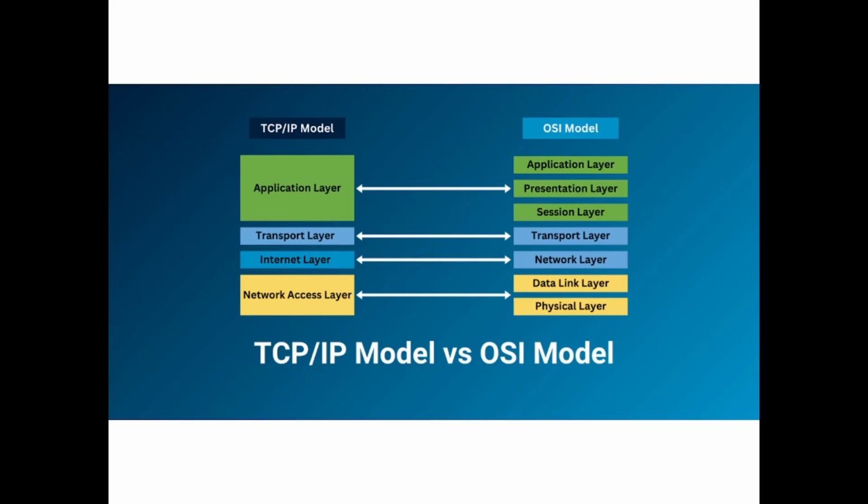Your transport layer remains the same. Your internet layer kind of remains the same. That's just the naming convention: one is the network layer, one is the internet layer. So basically, it's still the same layer 3. Then your data link layer and physical layer are now grouped into one.